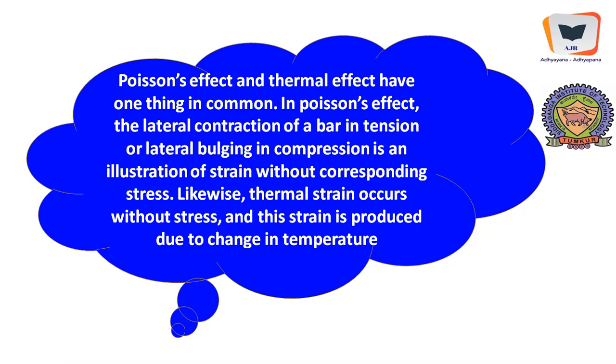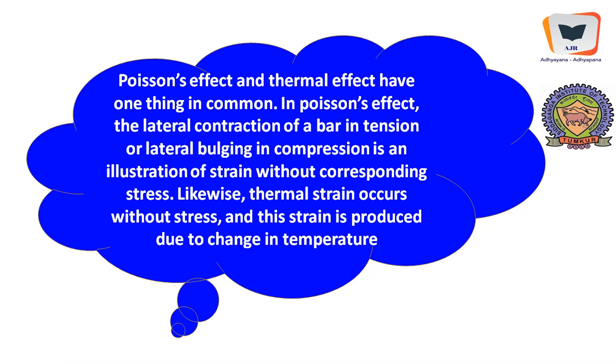With this tutorial, we come to the end of the concepts of simple stress and simple strain, and we know that simple stress can be broken into two broad types: the normal stress and the shear stress. And in normal stress, there are two categories: compressive stress and tensile stress, and shear stress is the other category.